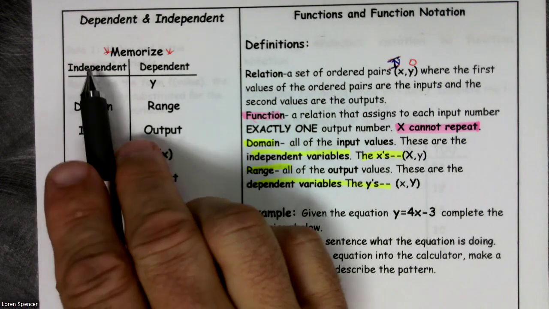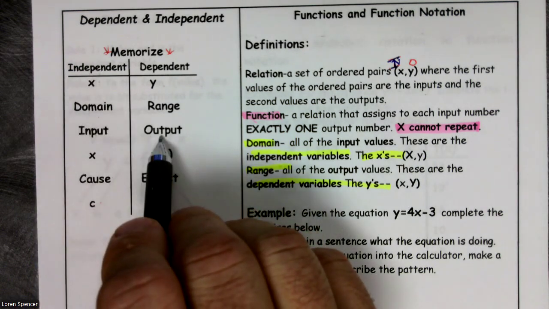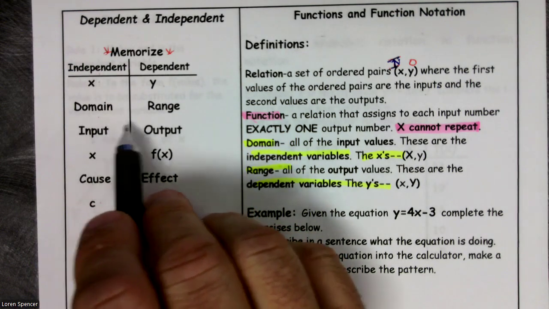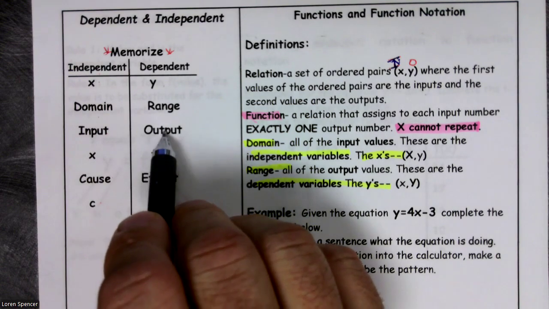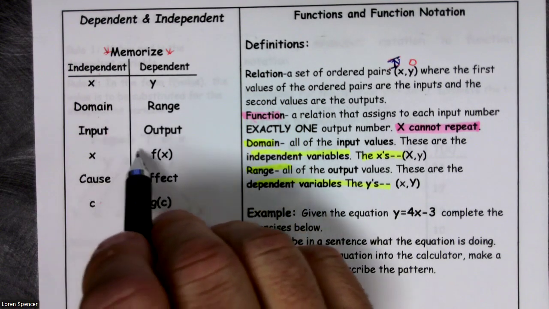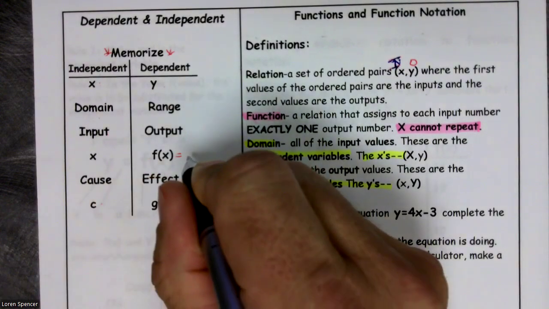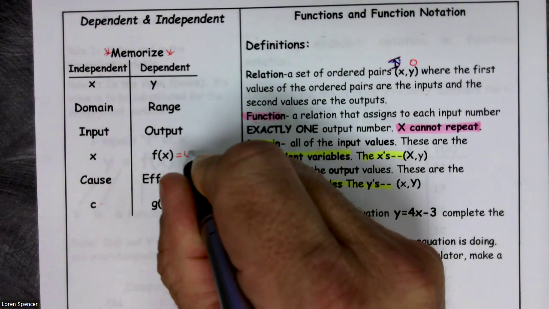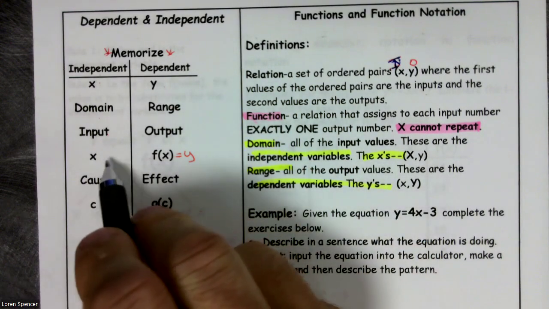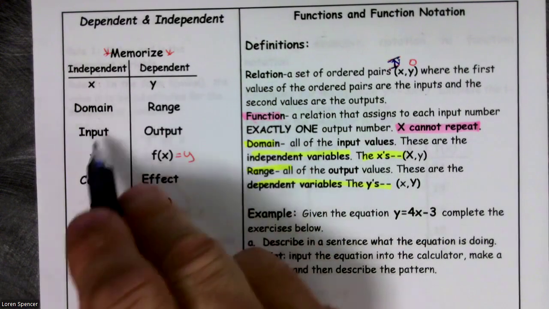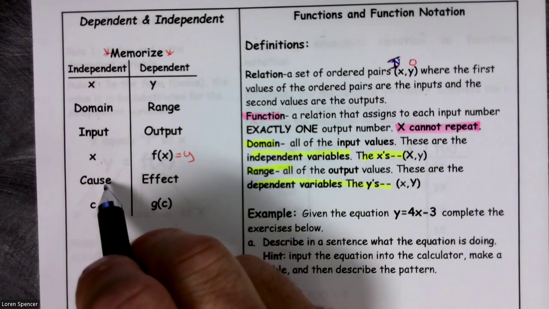The inputs are the independent, the outputs depend on the inputs, so they are dependent. F of x, that's just a function performed on x, and that really just means y. If that really just means y, guess what? Y is my dependent, x is my independent.